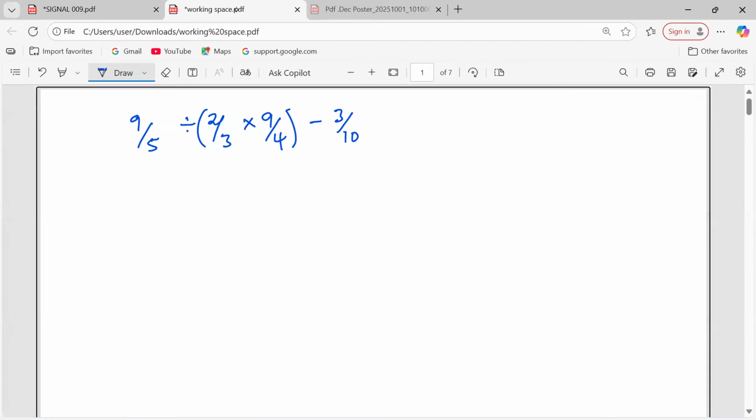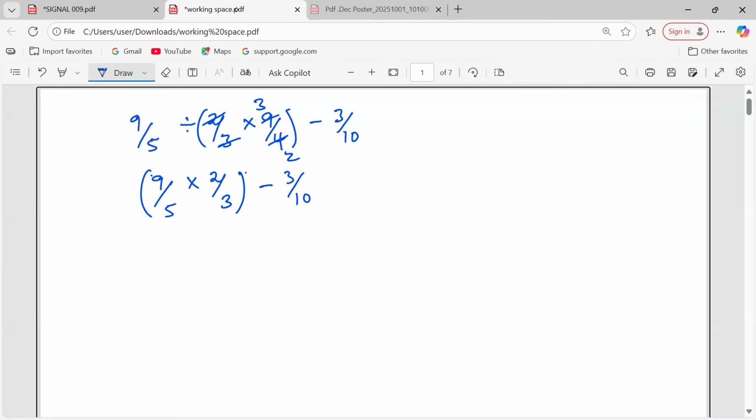So let me continue breaking down the numerator. We can simplify by 2, 2 into 2 gives 1, and 2 into 4 gives 2. Then by 3, 3 into 3 gives 1, and 3 into 9 gives 3. So we're having 9 out of 5. Now, when we are dealing with fractions, dividing is the same as multiplying by the reciprocal. So instead of 2 over 3, now we can have 3 over 2, like that. And this division shall be done before the subtraction here.